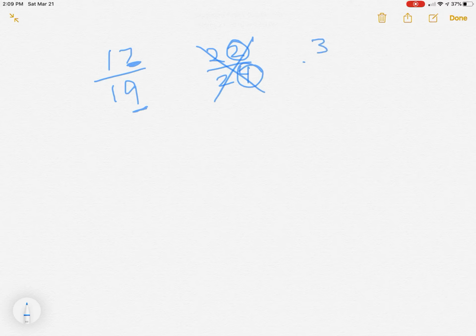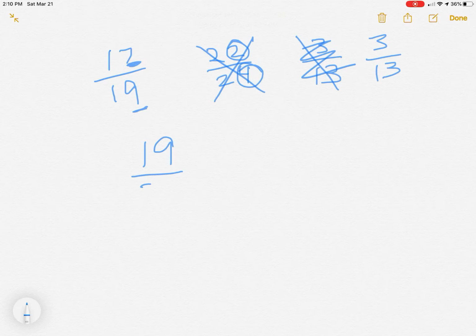Here's one, 3 over 13. Those are both prime numbers. They can't be divided by anything, so that is simplified to its lowest terms. Anything that is one number away, 19 and then 20, that is simplified to its lowest terms.